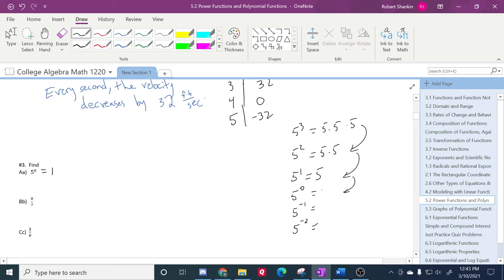Divide by 5. Divide by 5. If you're moving up, you got to multiply by 5. So you move down, you got to divide by 5. And that's the transitioning point, and it's got to be 1, or else none of our math will work and be consistent.